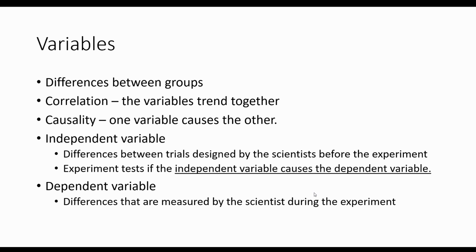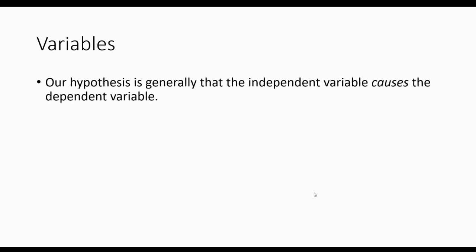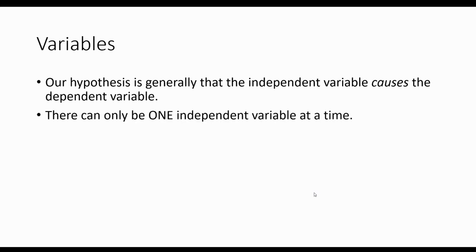What we're seeing is, did this result from our independent variable? Generally, when we have a hypothesis, it is written so that we're saying the independent variable causes the dependent variable. That's why it's the dependent variable, because it depends on the independent variable.